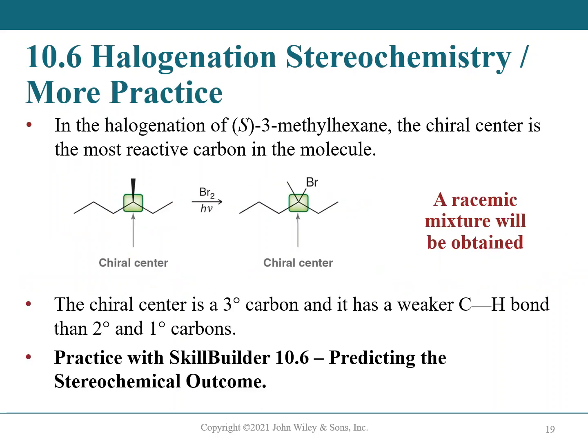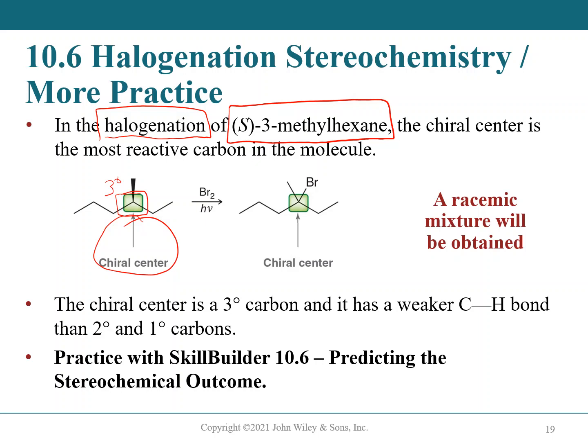So if we look at the halogenation of a molecule that begins chiral, we're starting with S-3-methylhexane. We already have a chiral center here, with S stereochemistry. As we discussed before, this is a tertiary carbon. It's going to be the most reactive carbon in the entire molecule, especially when we're discussing brominations.